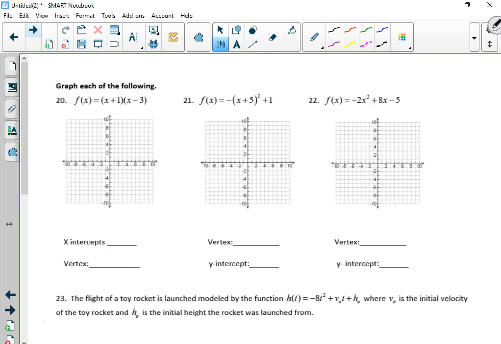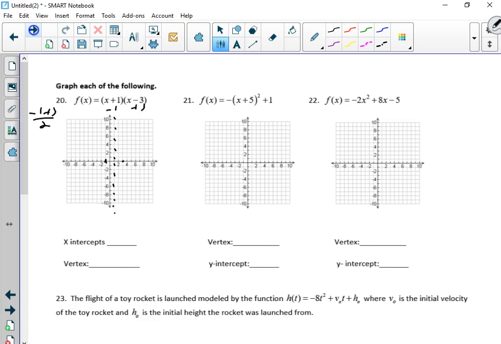Right, almost there. Last page. Graph each of the following. x plus 1, x minus 3. Well, remember, this is an intercept form. So I have negative 1 and positive 3. Now, where's my vertex? Well, I have to add those two together, negative 1 and 3, and divide by 2. Negative 1 plus 3 divided by 2. That is 3 minus 1 is 2, that's at 1.